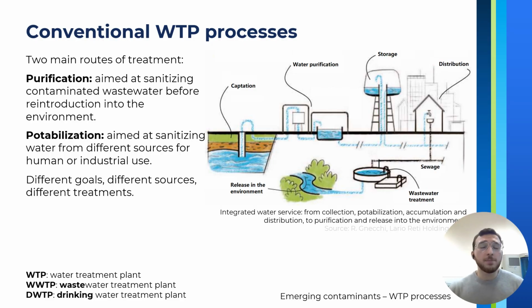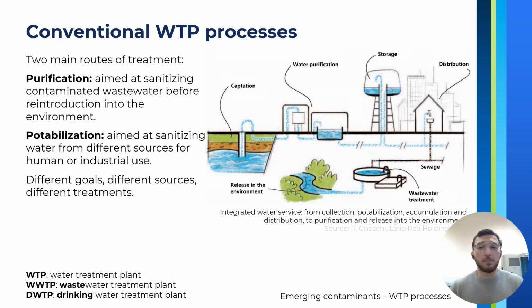So, water treatment plant processes may be subdivided into two main routes of treatment. Purification or wastewater treatment, aimed at sanitizing heavily contaminated wastewater before its safe reintroduction into the environment, and potabilization or drinking water treatment, aimed at sanitizing water from different sources such as rivers, lakes, springs, or wells for human and industrial use and consumption.